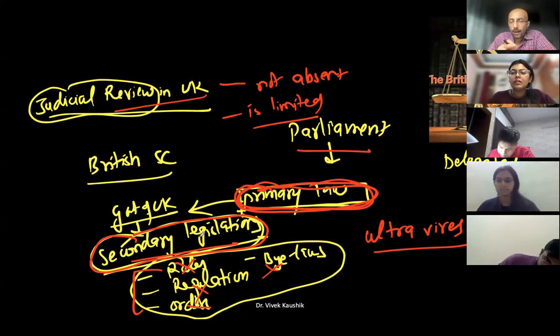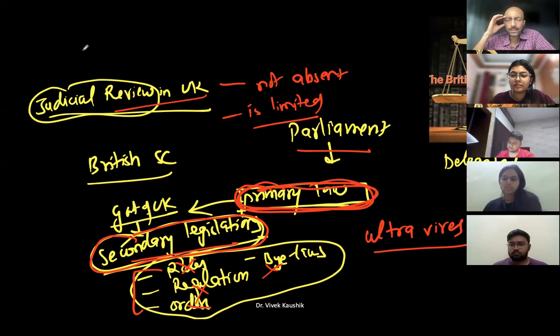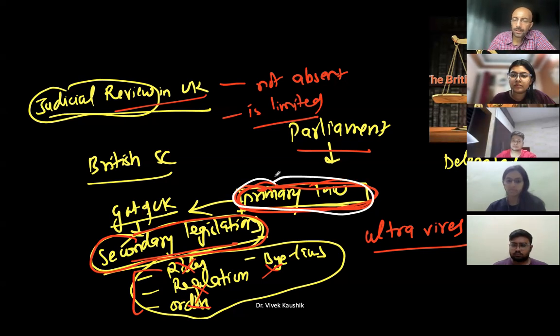One more point that we can write in this judicial review is that you now understand very well what is the scope and what is the power of Supreme Court in UK. The primary law made by British Parliament cannot be declared as unconstitutional by the Supreme Court. No, it can't do that. But it can do one thing.